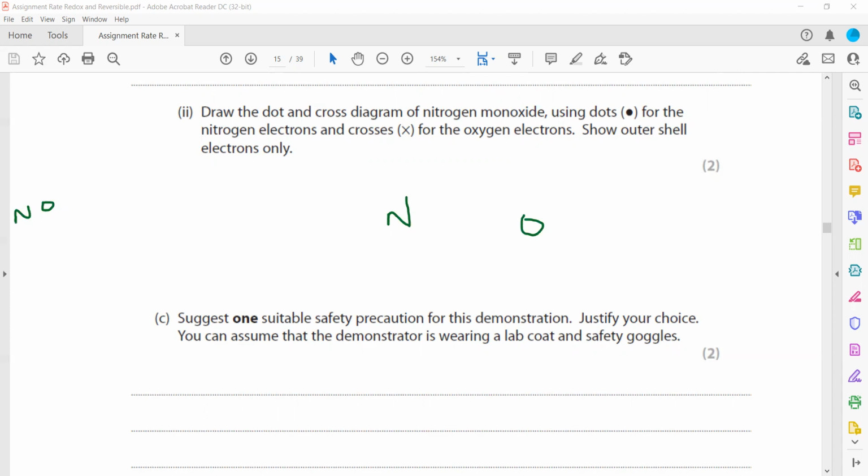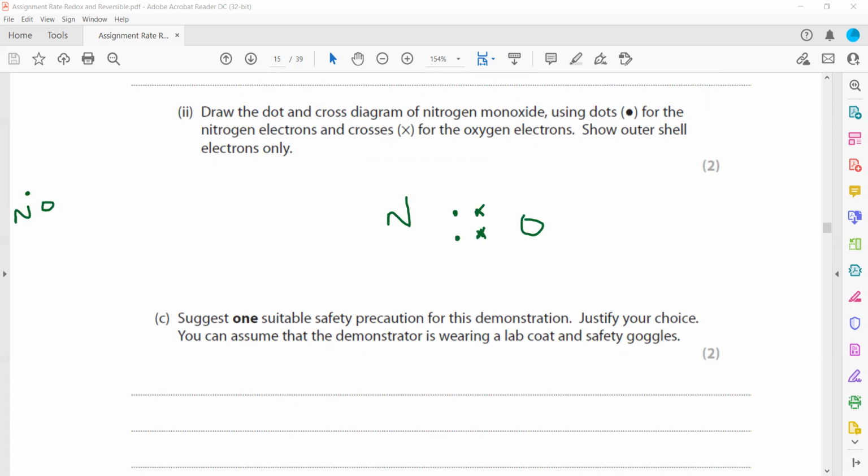And nitrogen belongs to group 5, so it will share 3. But here NO is a free radical, so there will be one unshared electron, not a pair.